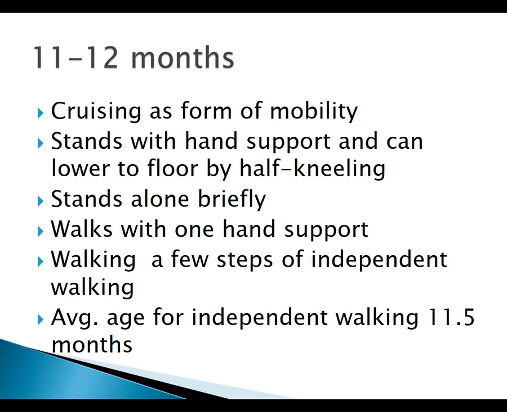What we want to emphasize is there's a range, and if you have a 16-month-old that is not walking, that might be a red flag and needs to be looked into further. So that's why we're going over these age ranges and this development, just so you know when we might need to be worried.